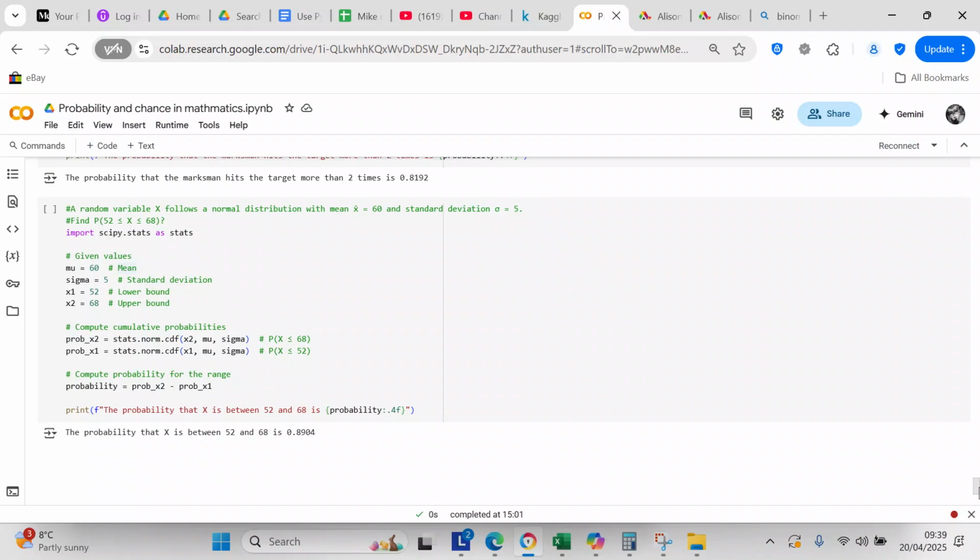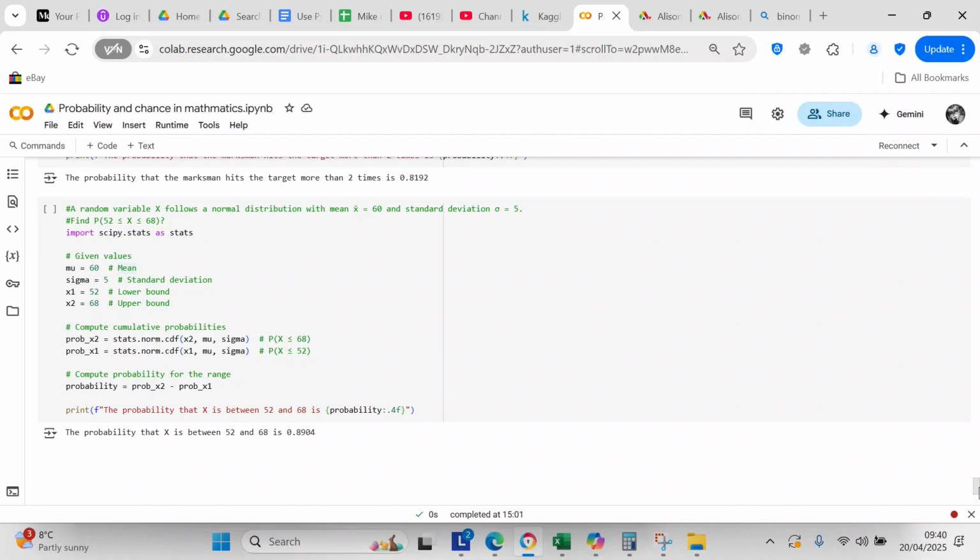So we're going to import scipy.stats as stats. That's the Python scientific library. We're going to have given values. Mu, or the mean, is 60. Sigma, or the standard deviation, is 5. X1, or the lower bound, is 52. And X2, or the upper bound, is 68. So we're going to compute the cumulative probabilities.